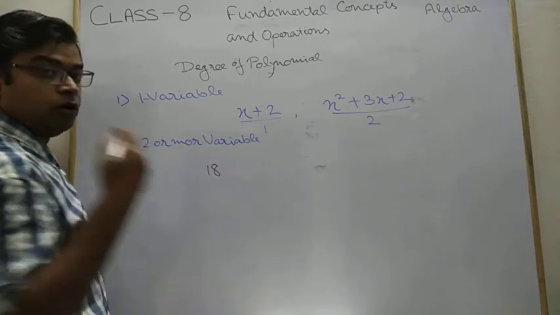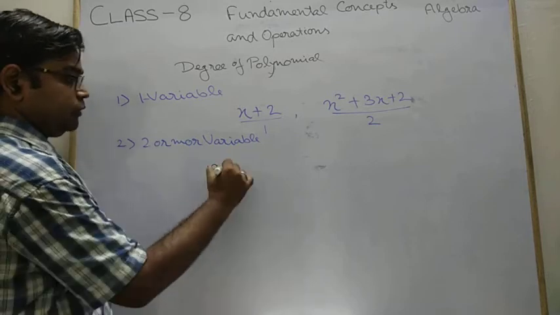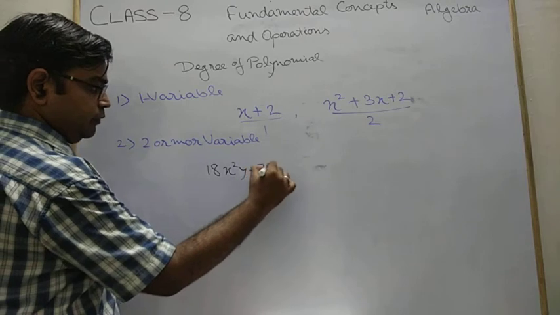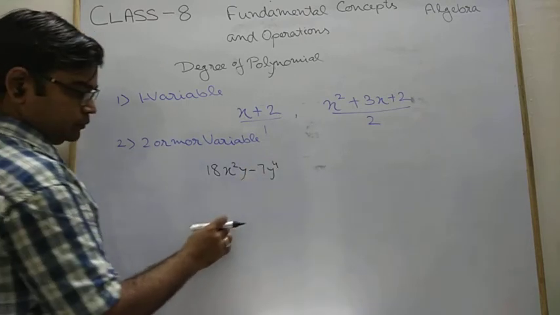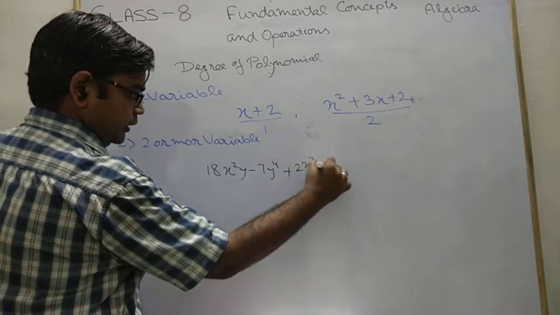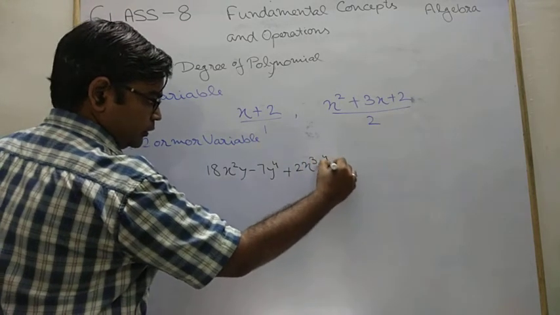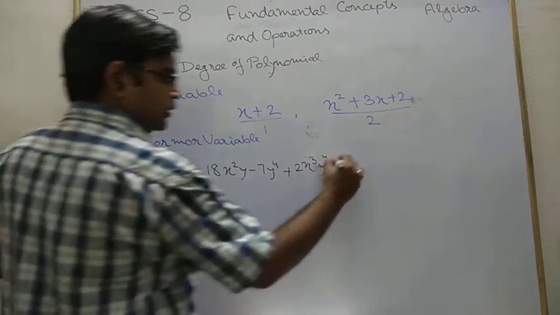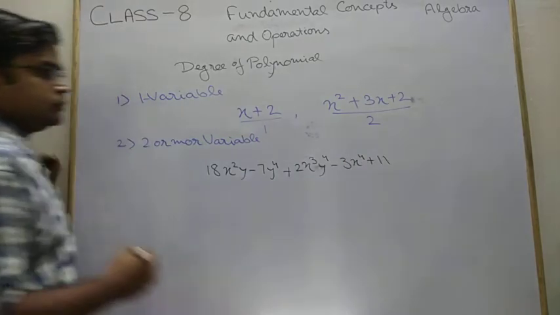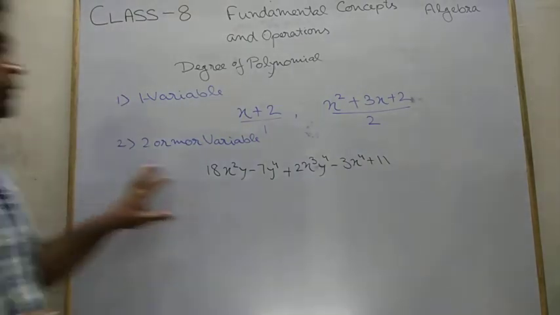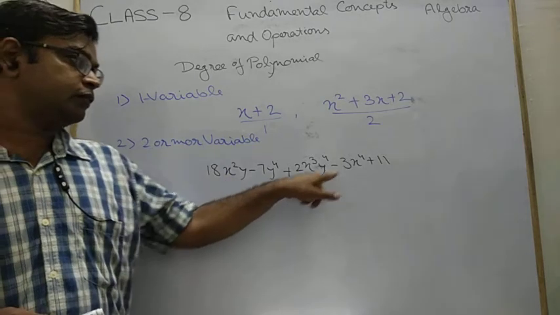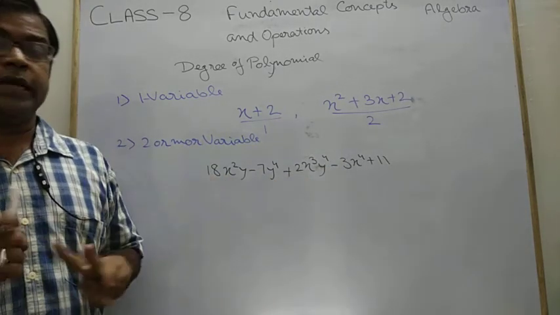I am choosing a long expression: 18x square y minus 7y to the power 4 plus 2x to the power 3 into y to the power 4 minus 3x to the power 4 plus 11. This is an expression of two variables, x and y.